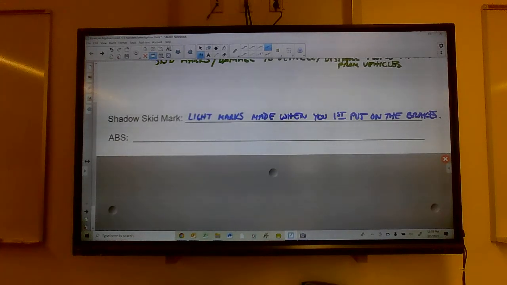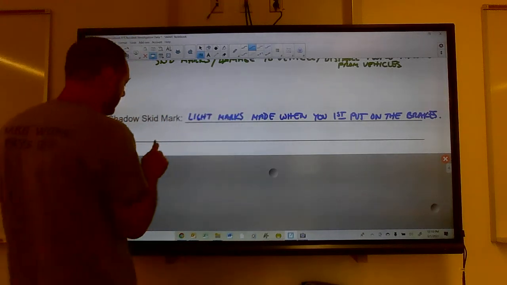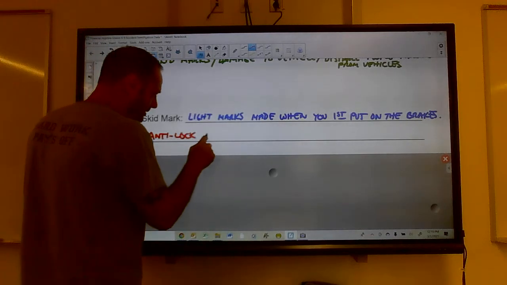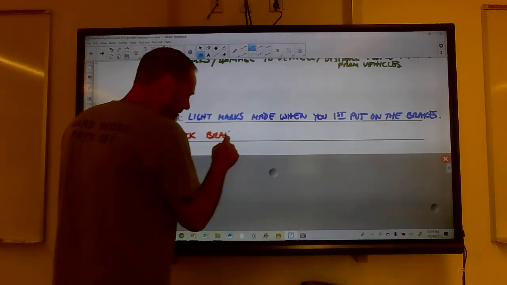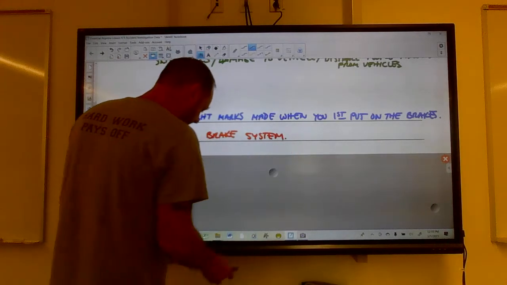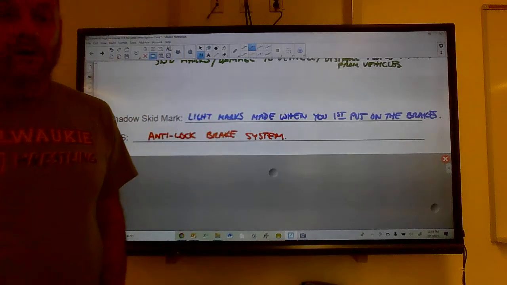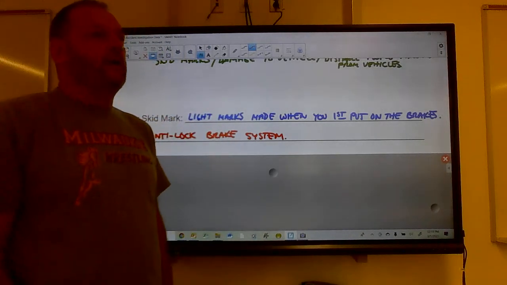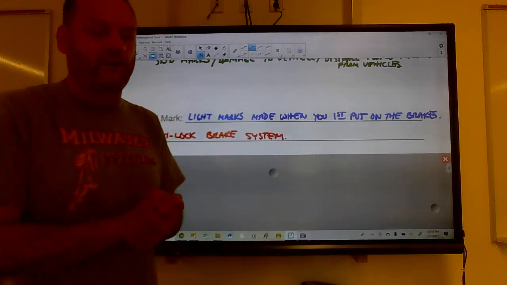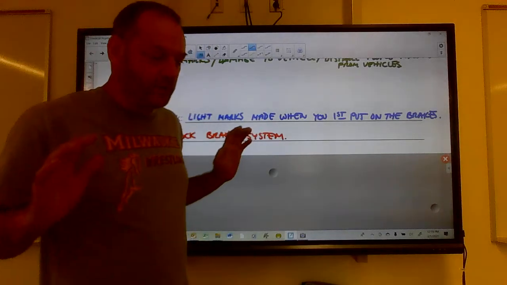ABS stands for anti-lock brake systems. If you've never driven with anti-lock brakes, it's a bit different. Here's the difference. If you don't have anti-lock brakes, you put the brakes on really hard and it will lock up those tires. They will stop and you will start to slide.